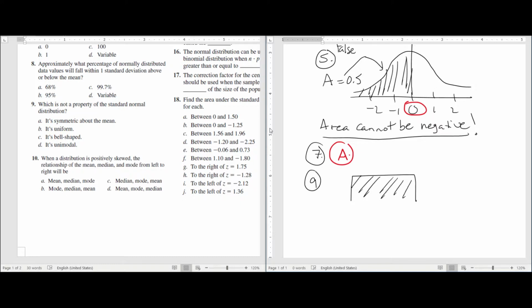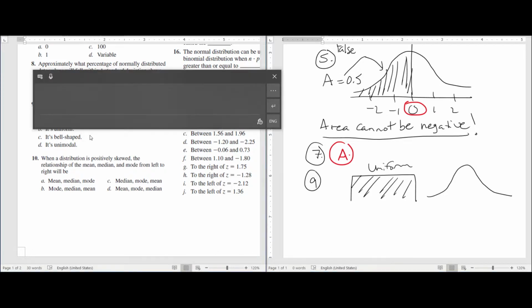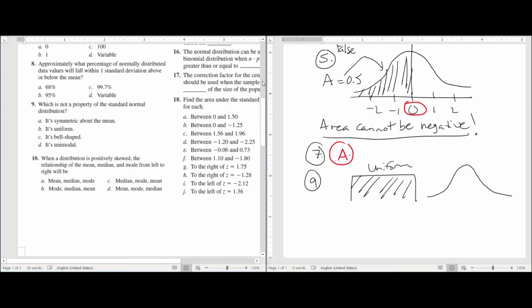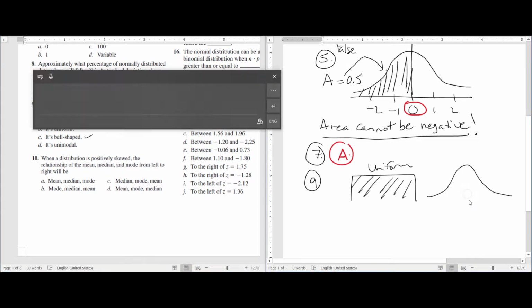So the same numbers throughout, which that's not the shape. This is uniform, but the normal distribution is not uniform, right? Because if you draw it out, it's bell-shaped. So it's bell-shaped. So that checks out. It's symmetric about the mean.